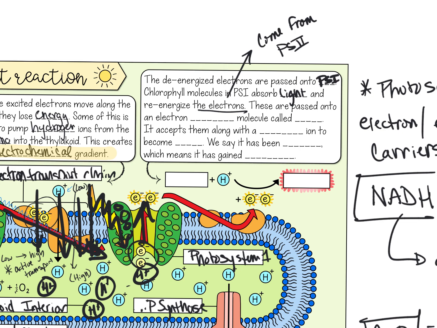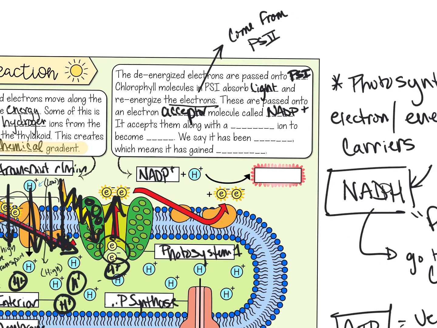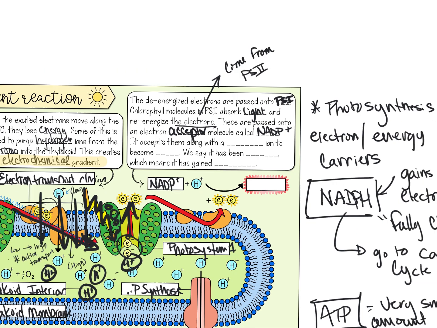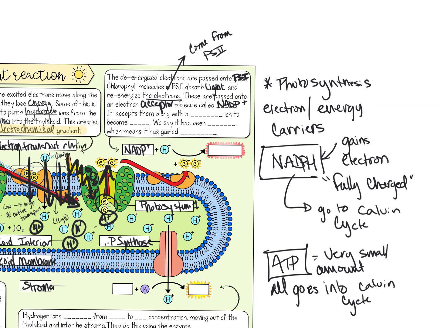They are passed on to an electron acceptor, a molecule called NADP plus, okay? And that's what this is right here, NADP plus. And you're like, what's NADP, Mr. McFarland, all right? That's that electron transport carrier, okay? So this NADPH, when it's empty of electrons, we say it's NADP plus.